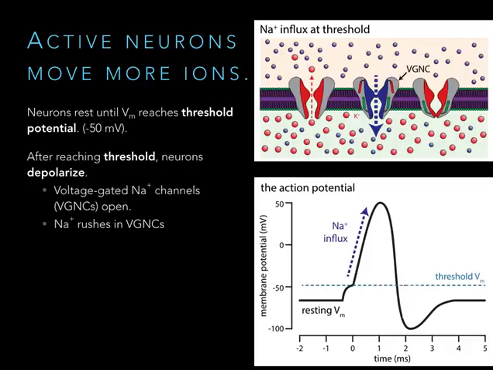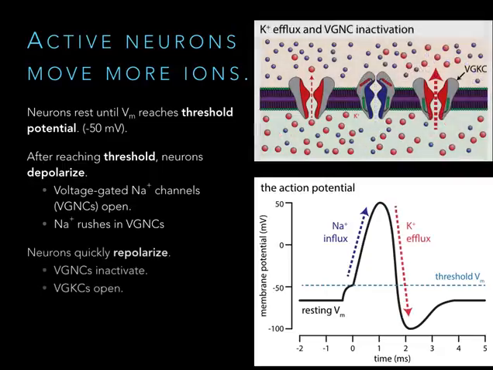Now remember, at rest or even at threshold potential, we have a negative membrane potential. There's a lot more sodium outside the cell than in, so the diffusive and the electrical forces are going to push sodium in until it reaches its reversal potential. Or in this case, until the voltage-gated sodium channels inactivate.